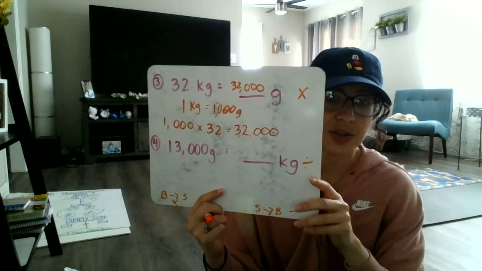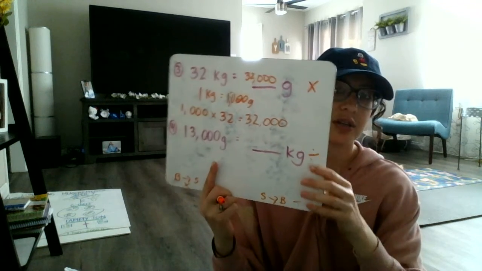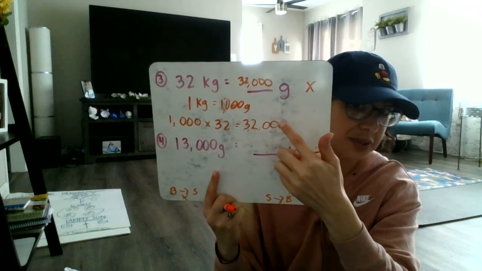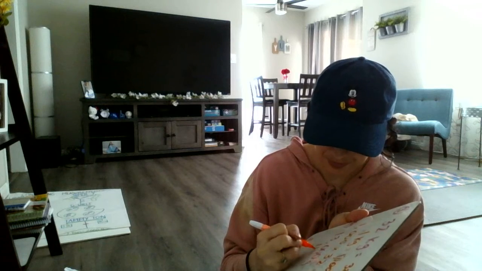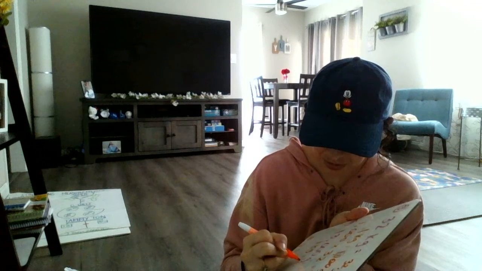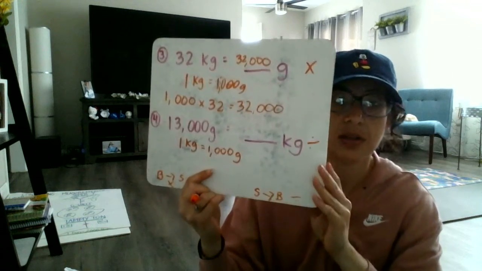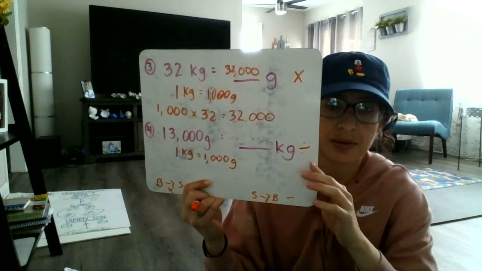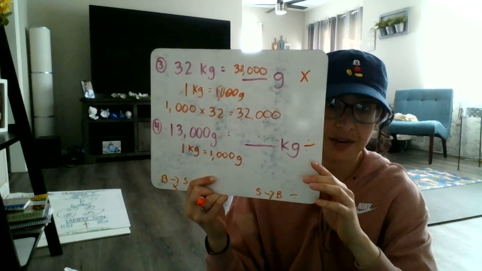Okay, so I need to figure out the conversion between grams and kilograms. So I kind of already have it up here, so I don't even have to go back. So I have 1 kilogram equals 1,000 grams. What am I going to do with this number and this number? I'm going to divide, right?